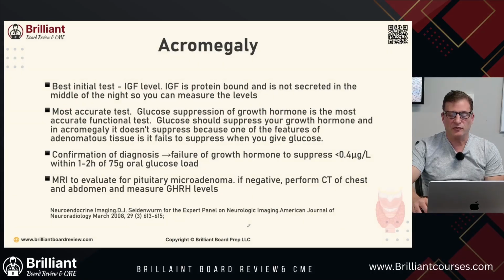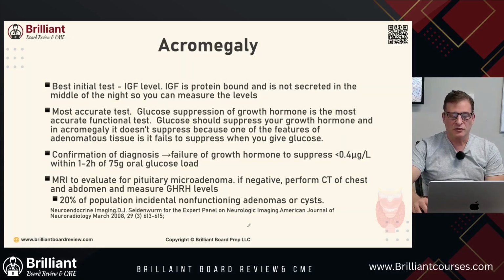If negative, perform a CT of the chest, abdomen, and pelvis to measure GH-RH levels. 20% of the population is going to have an incidental, non-functioning adenoma or cyst. And that's pretty consistent throughout endocrinology: images last.